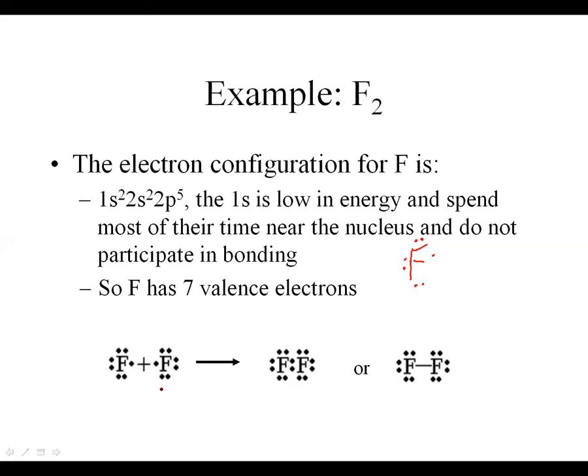And the other fluorine would also start with 7 valence electrons. And when we look at this, because they are both nonmetals, they're going to end up sharing electrons. And that's because they're pretty much in the exact same location on the periodic table.